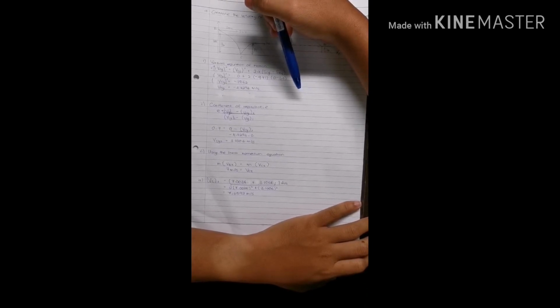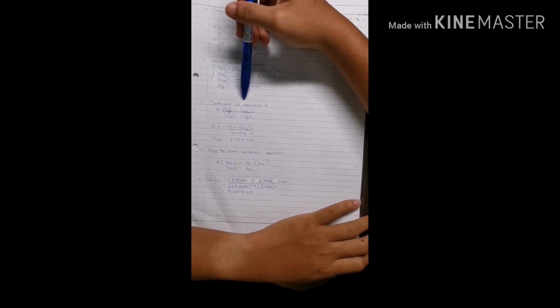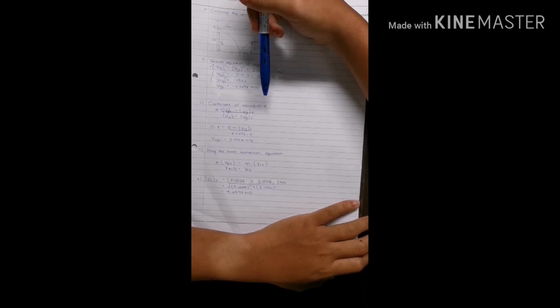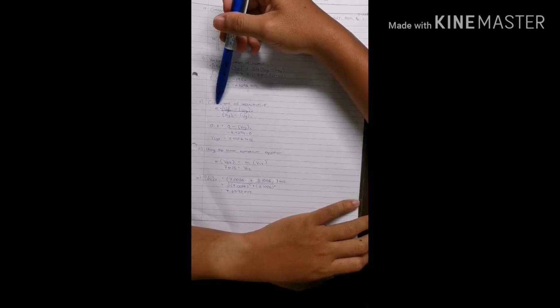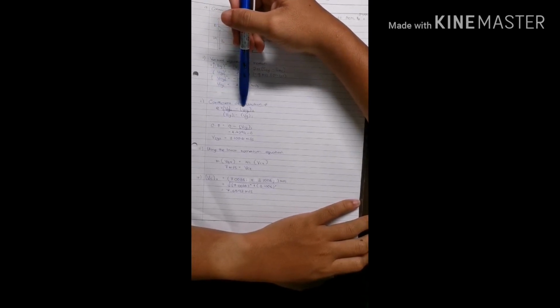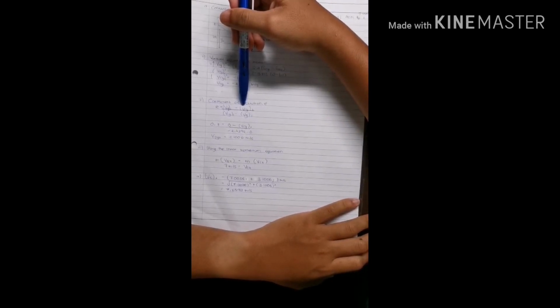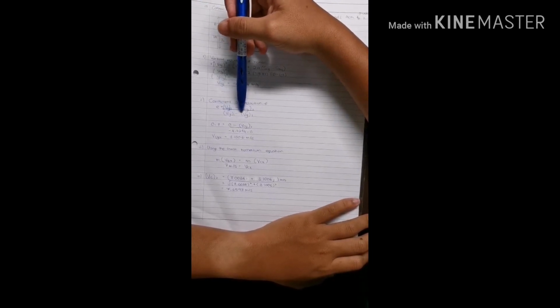Second, we have to find the coefficient of restitution. The formula is E equal to VG2 minus VCY2 divided by VCY1 minus VG1.